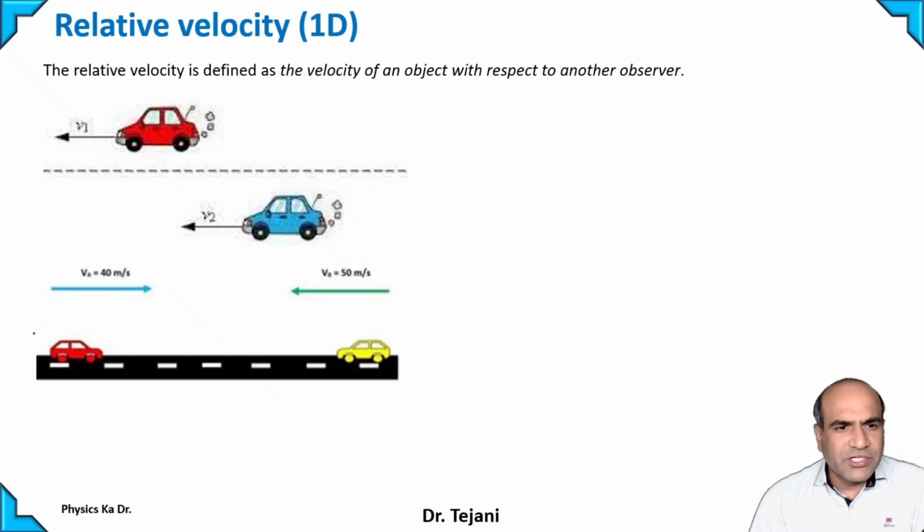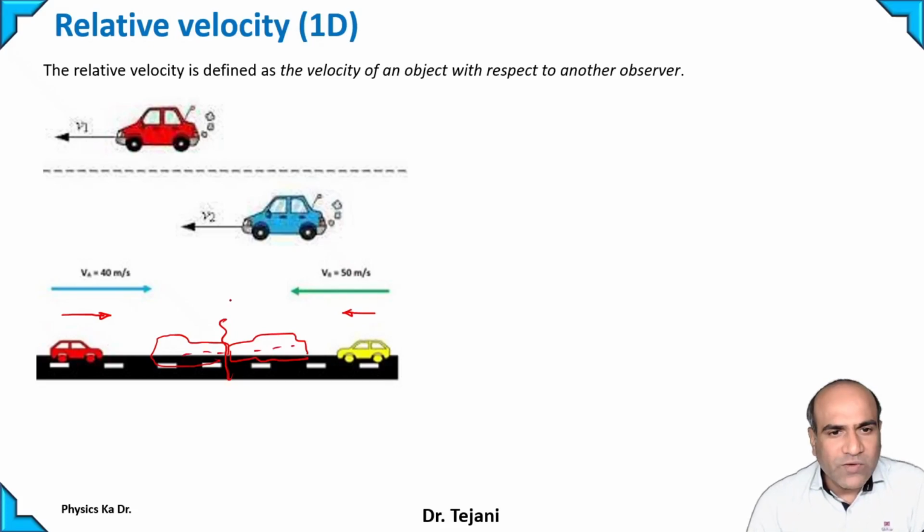Suppose in another condition, a red car is coming on the same track on the same line with 40 meter per second, and another yellow car is coming in this direction with 50 meter per second, and somewhere here both cars crash.